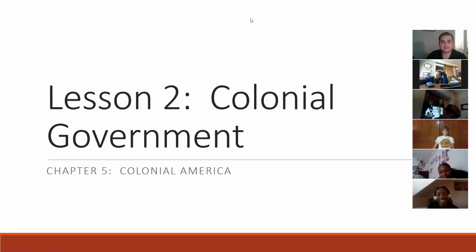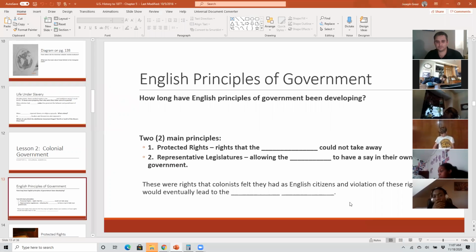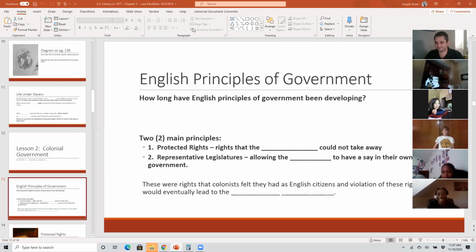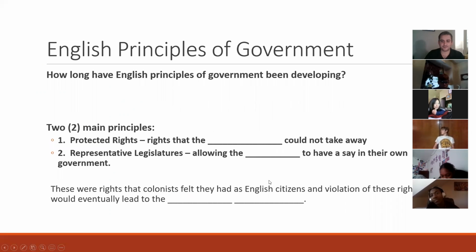An H. What's the second letter? An O. House of Representatives? Close. House of... House of Burgesses. It was the first representative legislature out of the colony of Virginia.